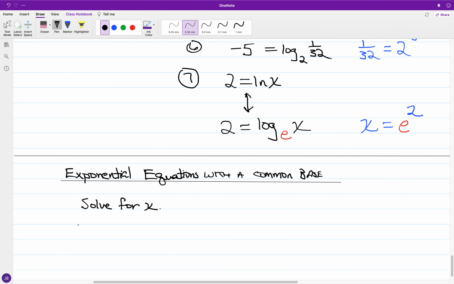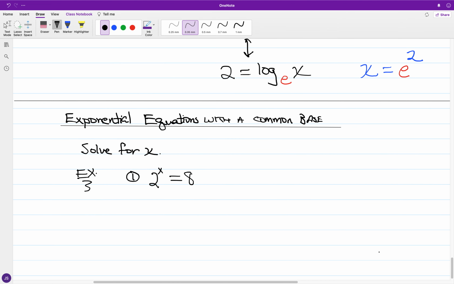Say you're looking at solving for x. Some equations might have more than just one common base, but we'll start off with something with fairly low digits, something like 2 to the x is equal to 8. I wrote this equation in terms of a common base. If you notice, 8 is a multiple of 2, and it is also a power of 2.